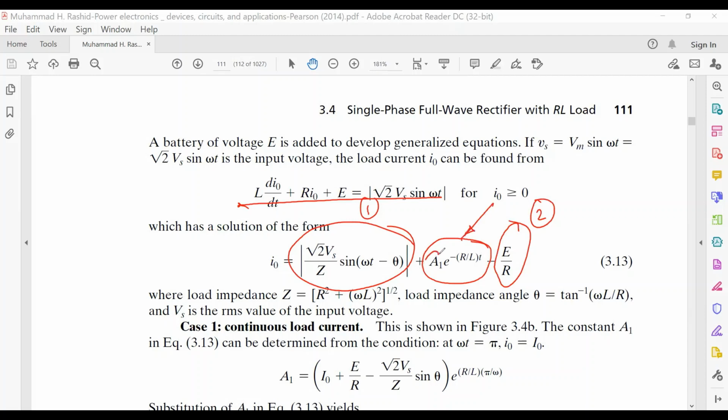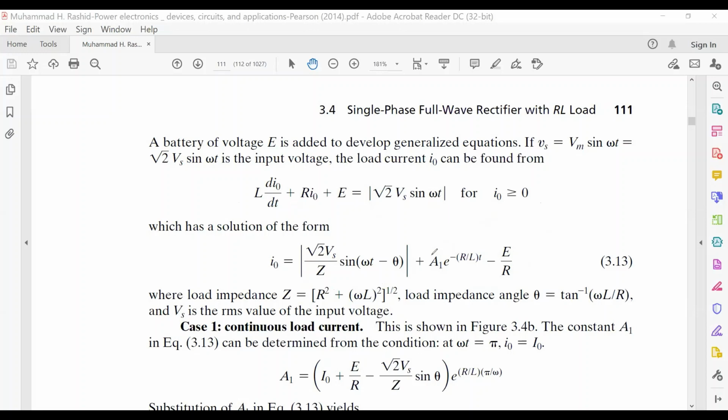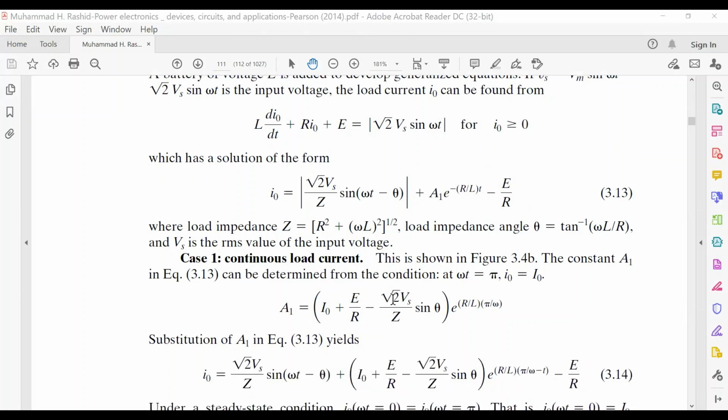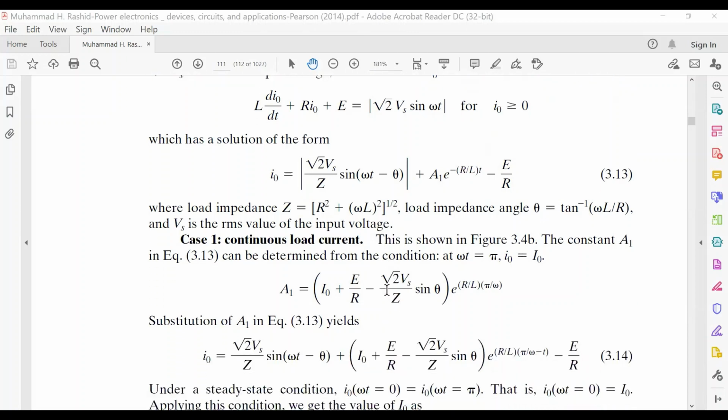So look here, there is an A1, you have to find out the value of A1. There are some conditions here, so you have to apply all these conditions. Suppose at omega t equal to pi, i equals I0, then you substitute this one here.